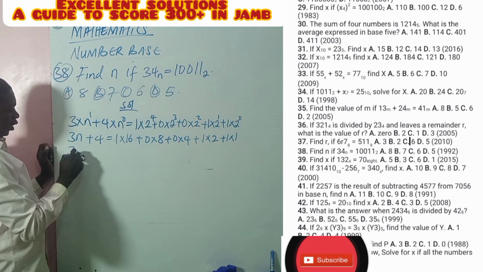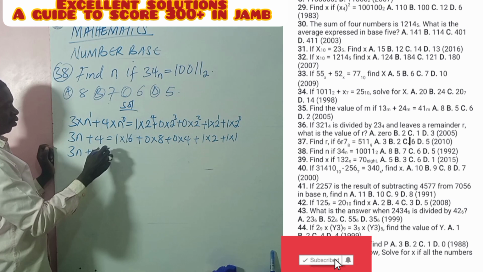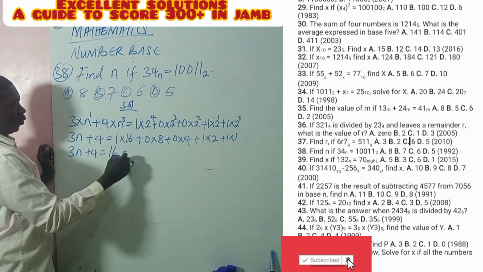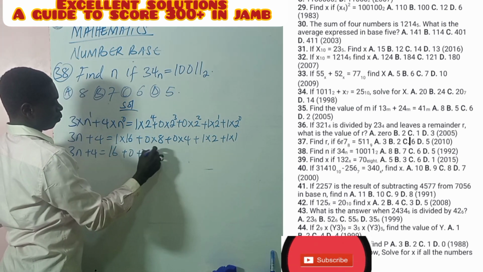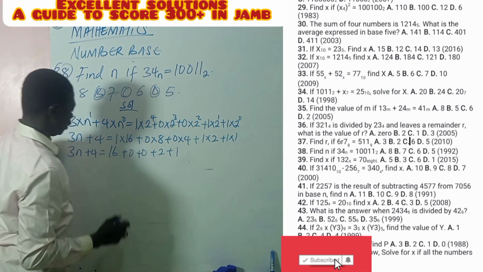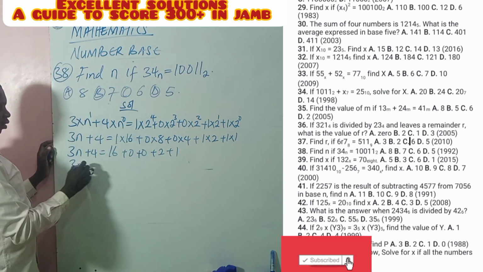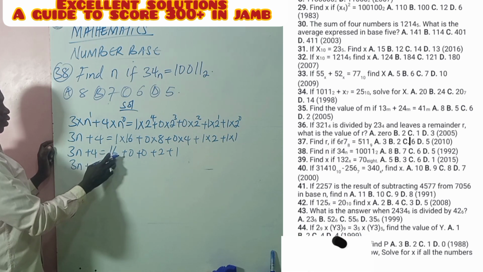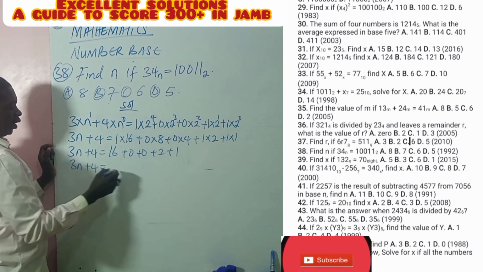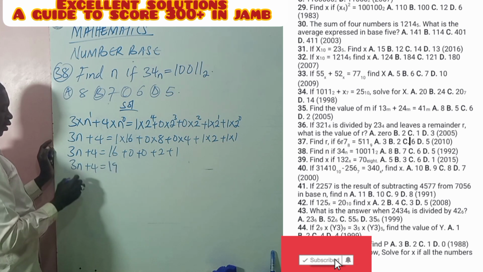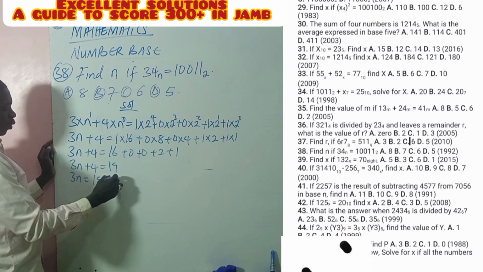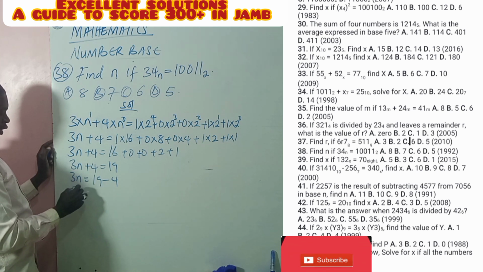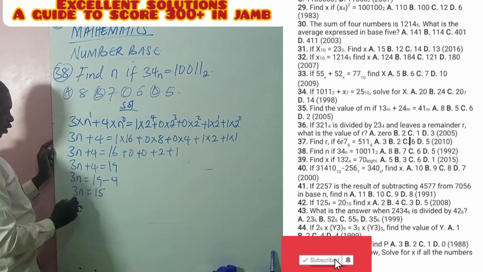So we have 3n plus 4 equals 16 plus 0 plus 0 plus 2 plus 1, which is 19. 3n equals 19 minus 4, so 3n equals 15.